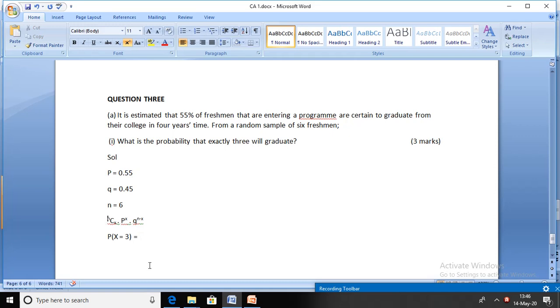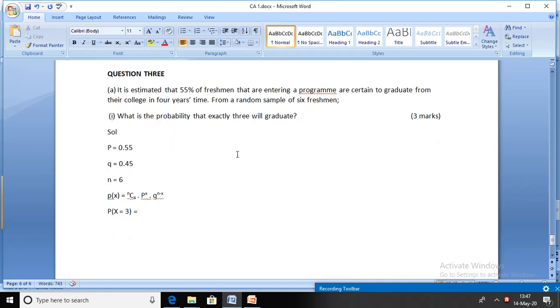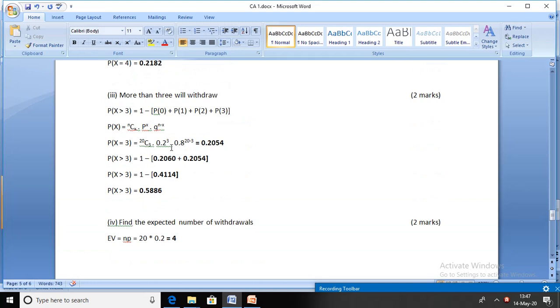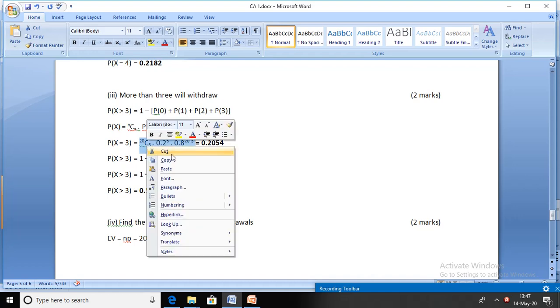this is supposed to read probability of x equals that. So we substitute those into the formula. Let me just borrow something that we've already done here to speed up the process.